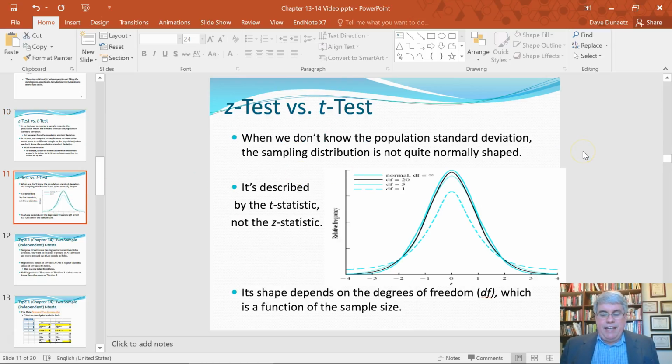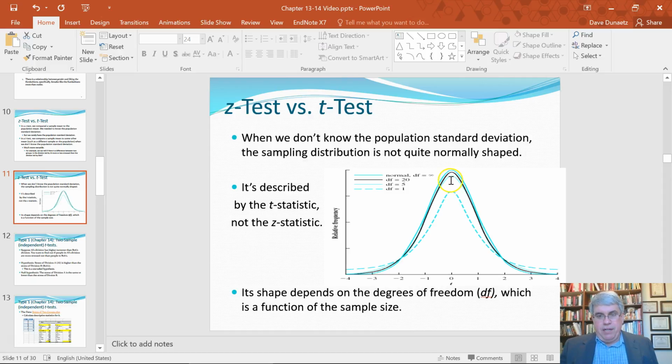Now, the z-test is slightly different than the t-test because the probability distribution is different. Here we have the sampling distribution. The normal sampling distribution is this blue one on top here, and the other ones are t-distributions. As the sample size goes down, the degrees of freedom go down too.